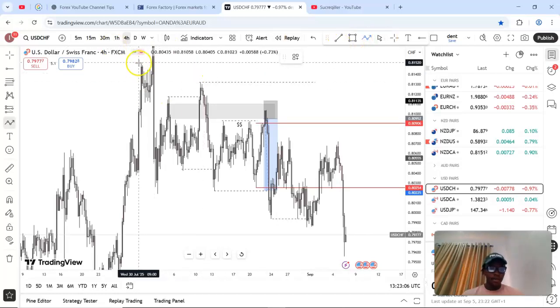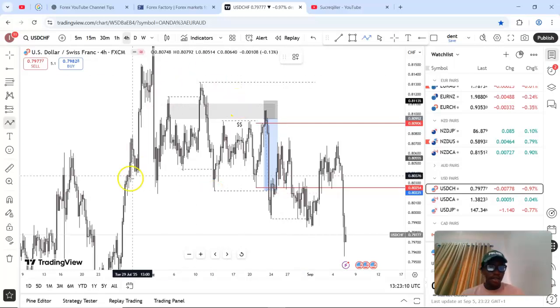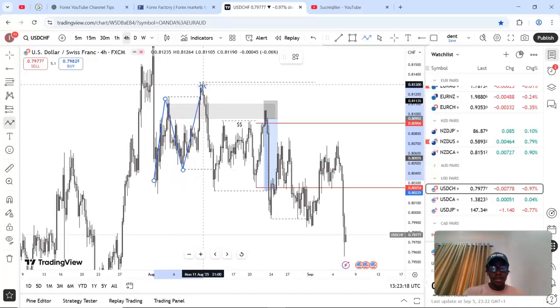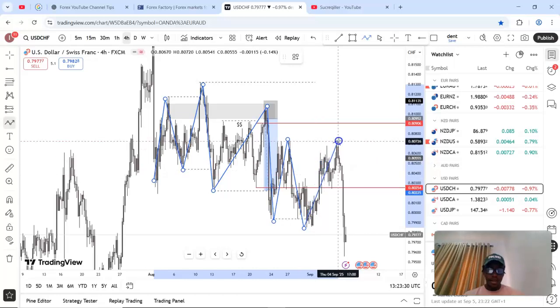USDCHF has been selling for a very long time. This is a month of price action here. See, it keeps doing just break and retest, break and retest. Some people would have caught each and every one of these. Let's say break, retest to this zone here, break, retest again, break, retest.